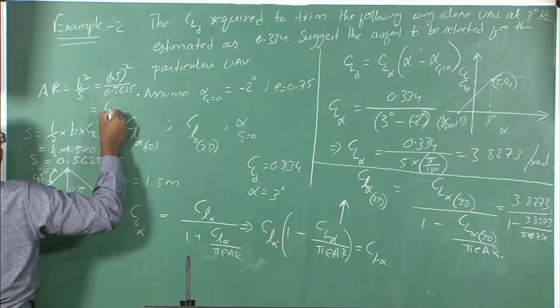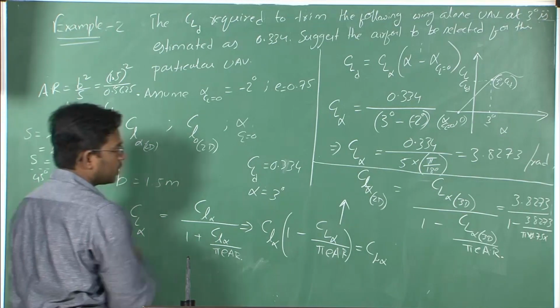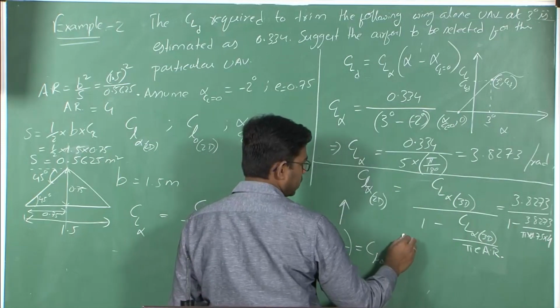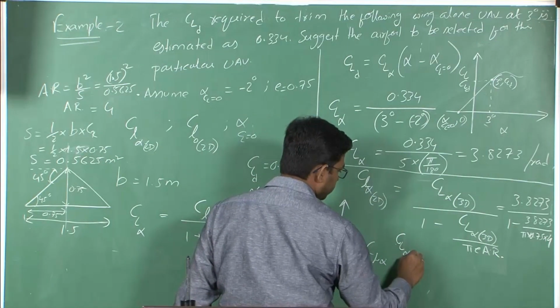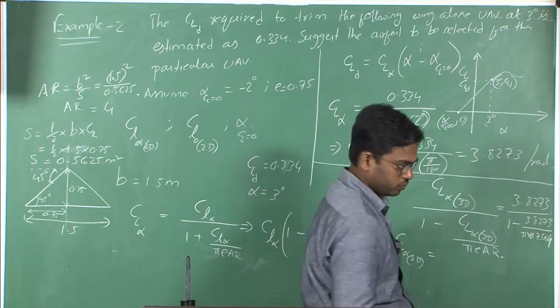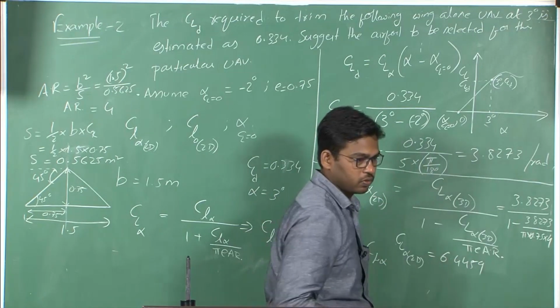This is 4. The aspect ratio turns out to be 4. Now substituting this aspect ratio in this equation, you can find out CL alpha 2D. CL alpha 2D is 6.4459.